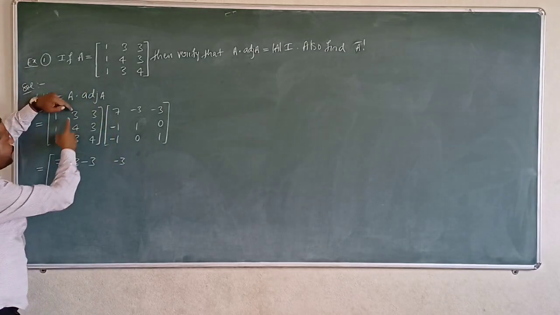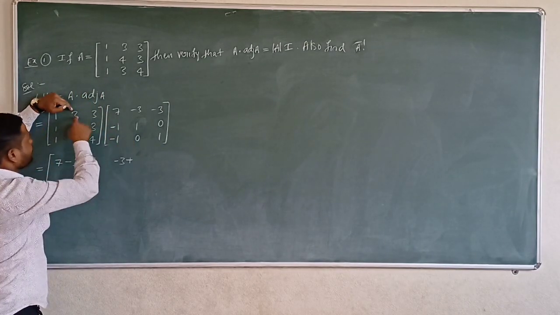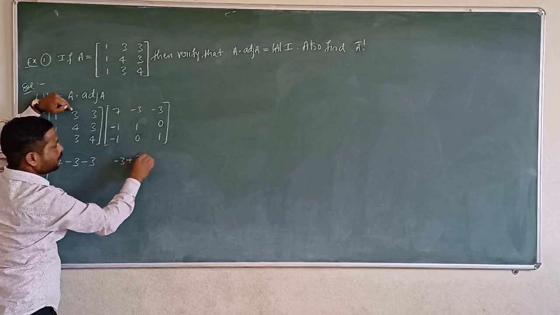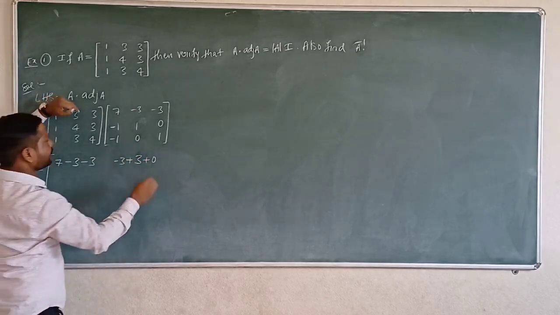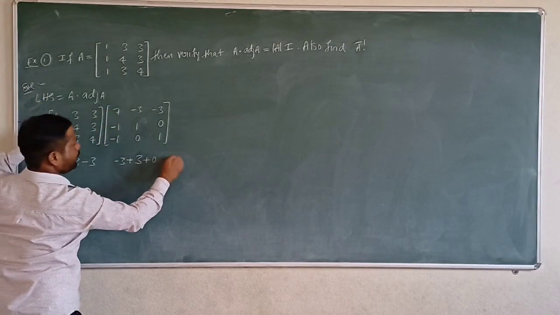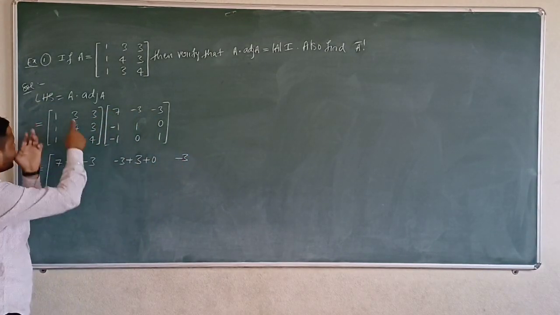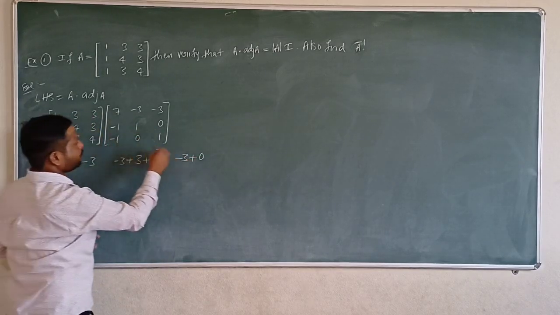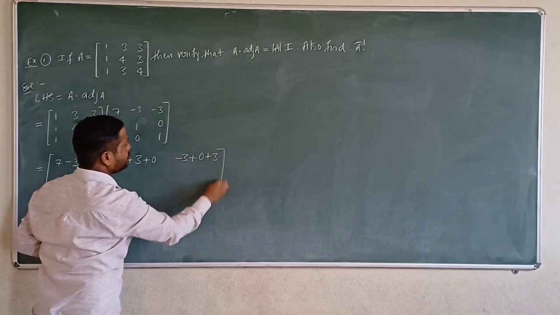Next one, plus into plus plus, 3 ones are 3, 3 into 0 is 0. Next, the first row, third column: plus into minus minus, 1 threes are 3. Plus into plus plus, 3 zeros are 0, plus into plus plus, 3 ones are 3.